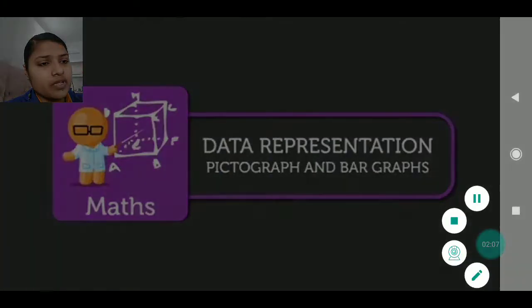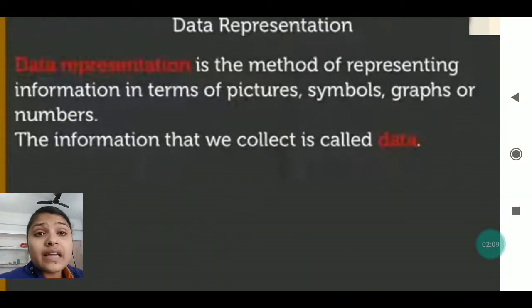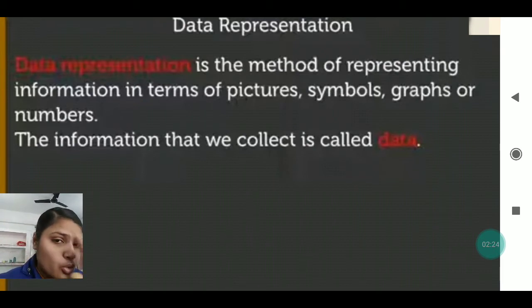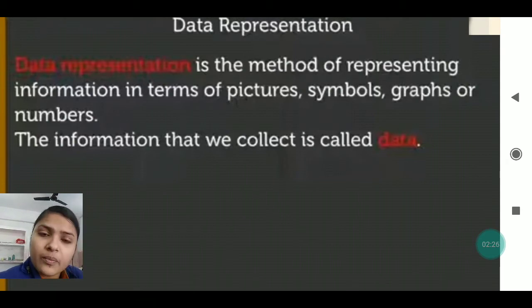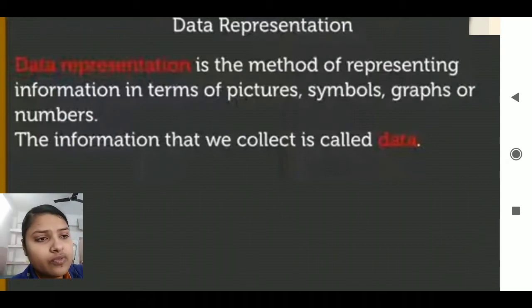So just move on. Data representation is the method of representing information in terms of pictures or symbols, graphs or numbers. The information we collect is the data, and the pictorial representation of that information is called a pictograph.